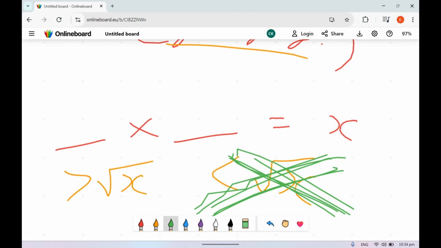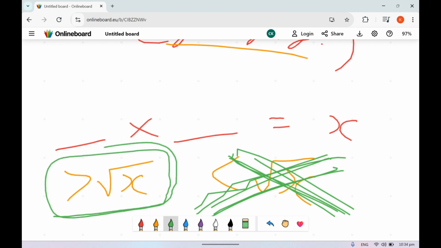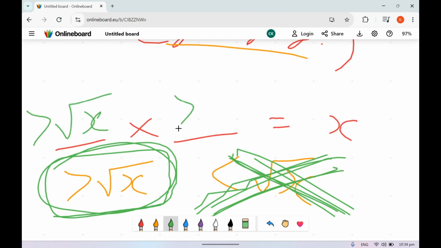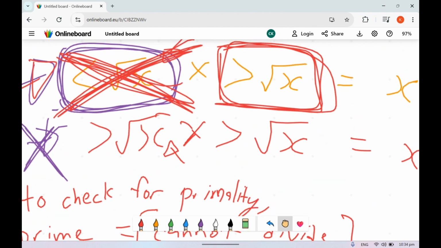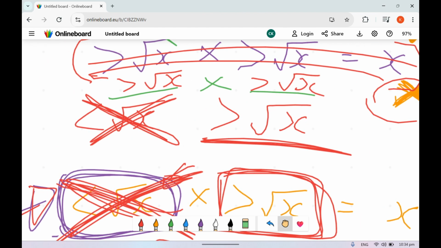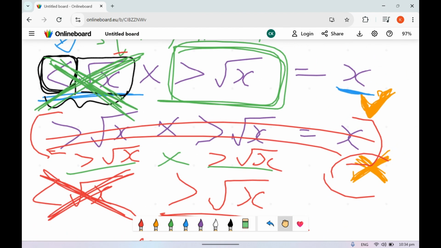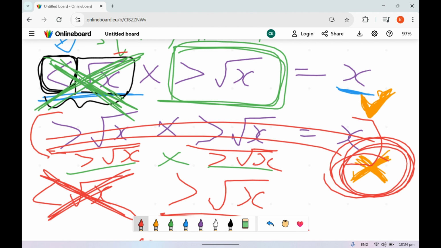There's nothing less than the square root of x. So it only leaves us with this thing. Means I can throw this in here, throw this in here. If you look at this, you realize that from the start, we have already agreed that this is impossible.